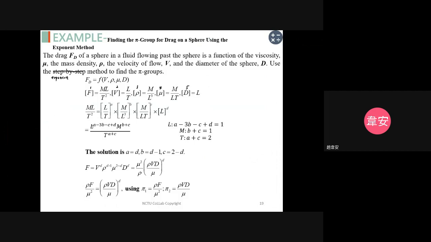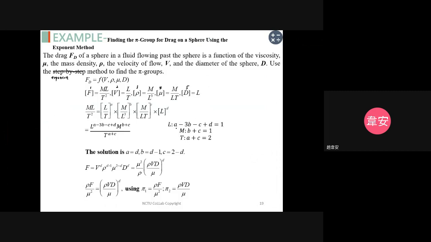And we make the balance between the left-hand side and right-hand side. So we know that for L, A minus 3B minus C plus D is equal to 1. And B plus C is equal to 1 also. And A plus C is equal to 2.